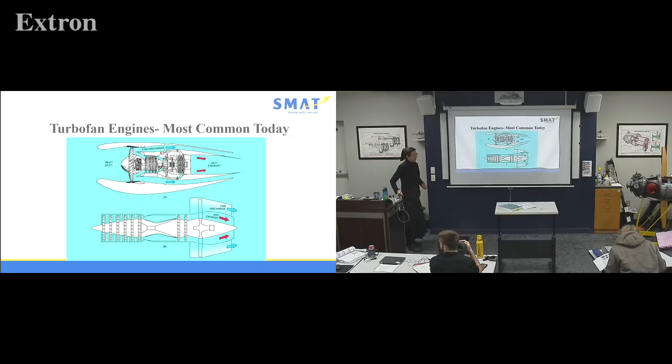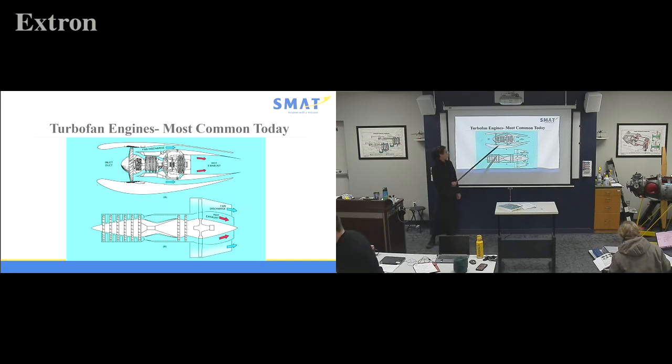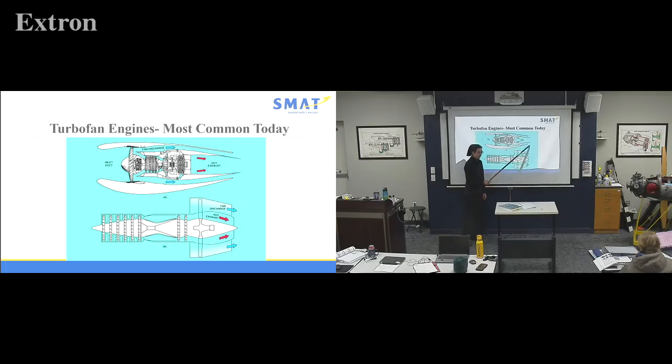Alright, so talk about turbofans. Why do we want a fan out here rather than pure jet? What are some thoughts before I tell you?